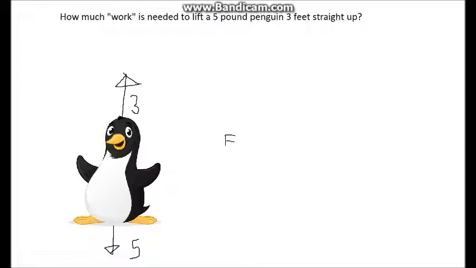So F is 5, R is 3, and theta. What's theta? Well, there's 180 degrees between 5 and 3 because they're straight up and straight down, so it's 180 degrees.